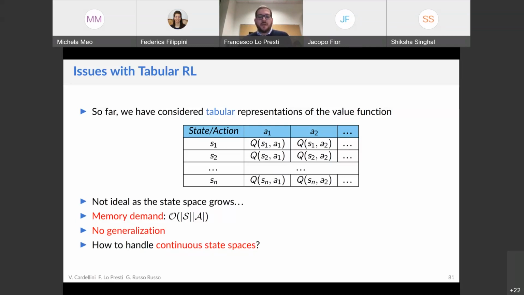Because every time we learn something and we update the value of a single state, this update doesn't impact any other state in our model. So the new knowledge doesn't propagate automatically to any other state. And the third problem with this representation is that it cannot handle continuous state spaces, because of course, in the table, we need to have countable states.